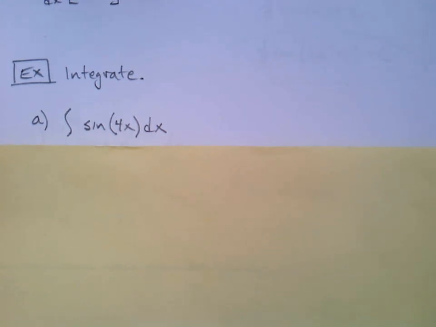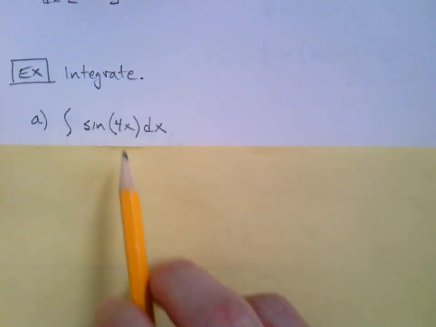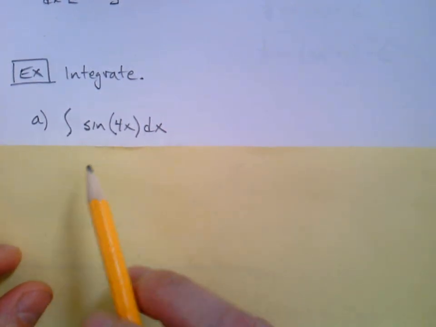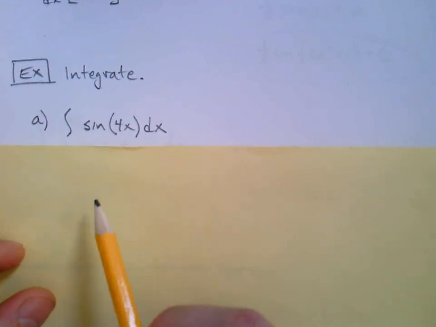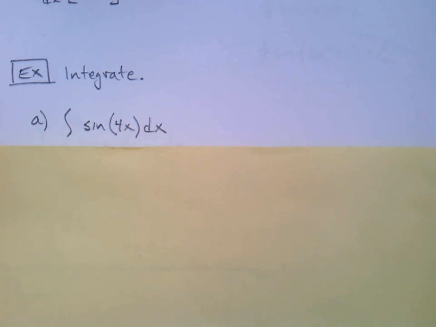So when you see something like the antiderivative of sine 4x dx, you say, okay, I know how sine works backwards, but how does it work if it's sine 4x? Well, you might be comfortable enough to do that antiderivative immediately if you can see how that's going to work backwards against the chain rule. But if not, hey, that's why we have u substitution.